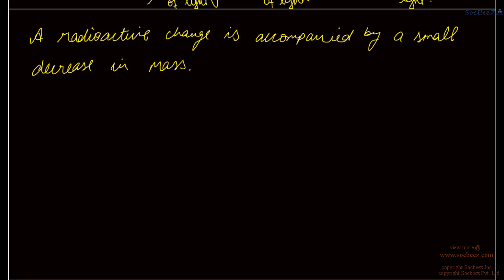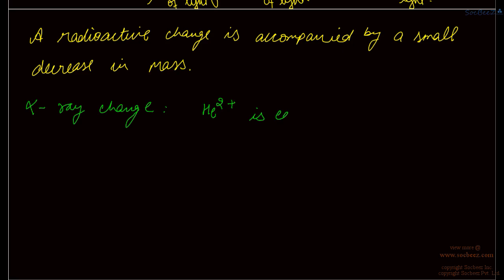Now, let's discuss alpha ray change or alpha change. When an alpha particle is ejected from a radioactive element, the product or daughter element has 2 protons and 2 neutrons less, since an alpha particle is He2+.